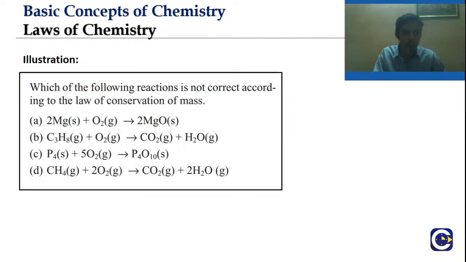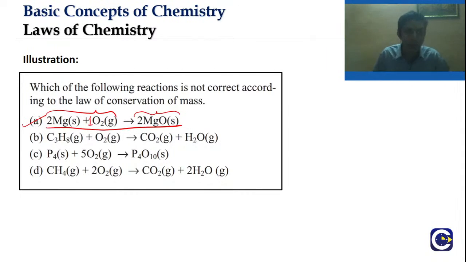With that understanding, let us find out if there is mass balance in these reactions. Looking at the first one, 2 magnesium plus 1 O2 gives 2 magnesium oxide. What does the law of conservation of mass mean here? Total mass on the reactant side should equal total mass on the product side.